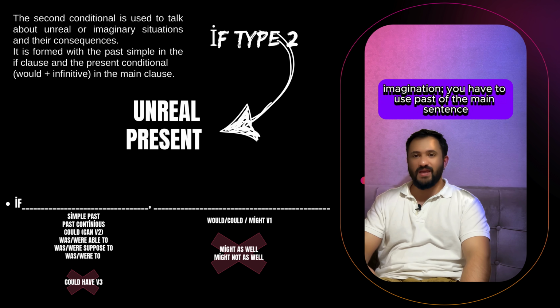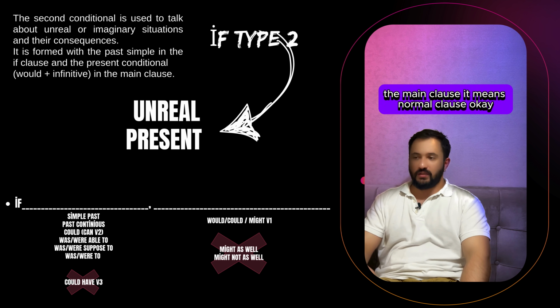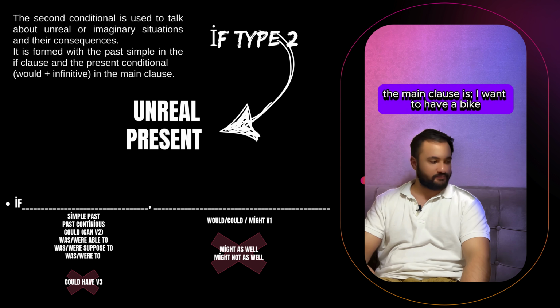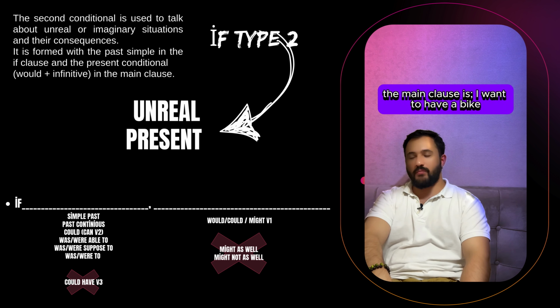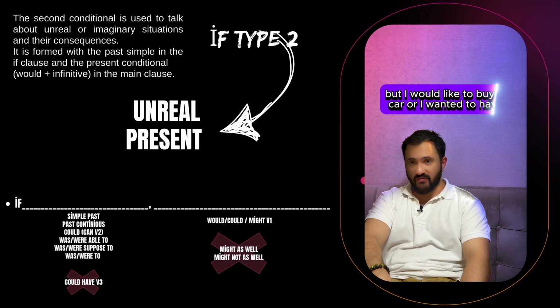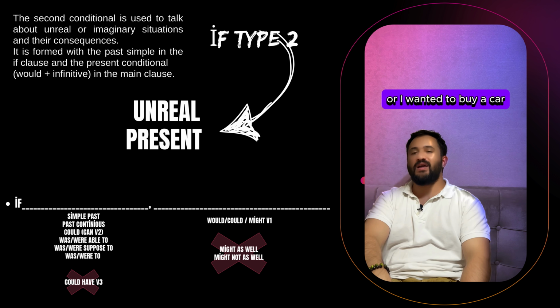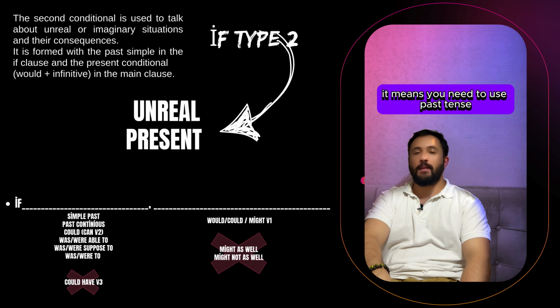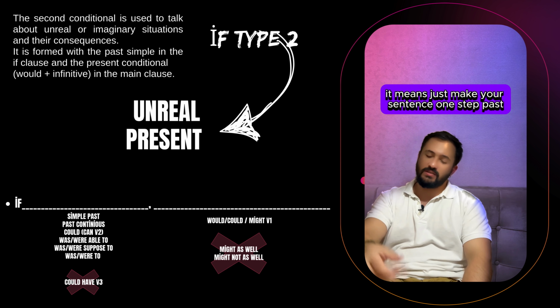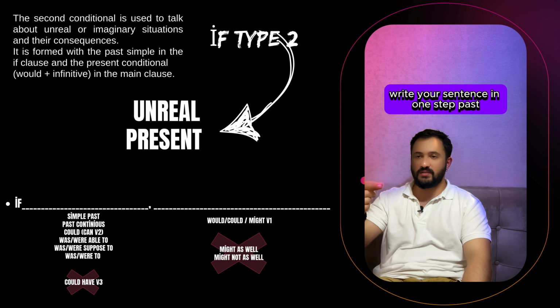The main clause is, normally, I want to have a bike, but originally it can be I would like to have a bike, I would like to buy a car, or I wanted to have, or I wanted to buy a car. It means you need to use past tense. Just make your sentence one step past. Write your sentence in one step past.